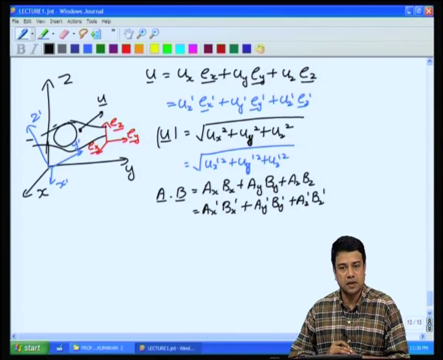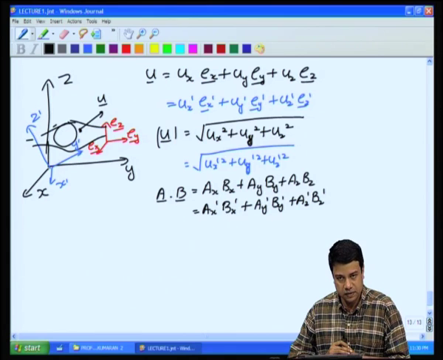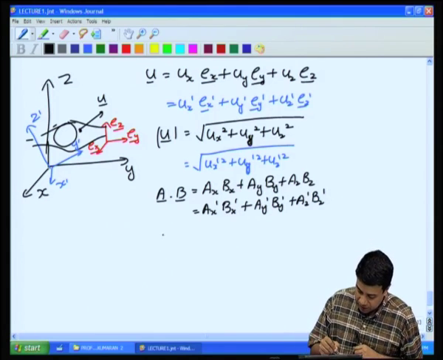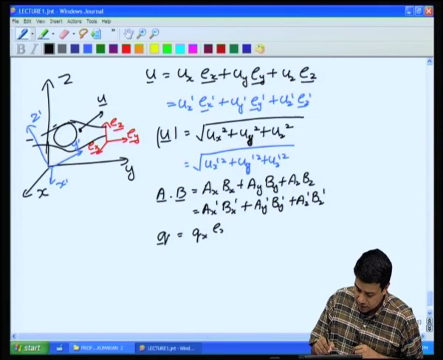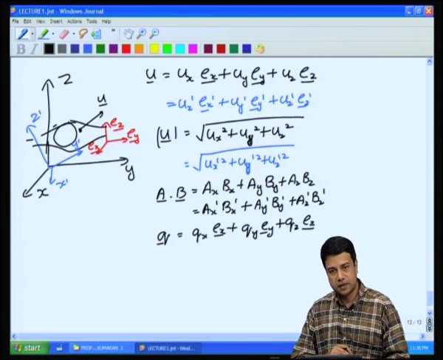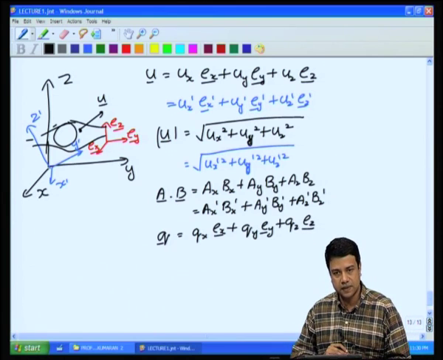For example, the heat flux is a vector, it gives you the direction in which heat is flowing. So, I can write the flux as q_x e_x plus q_y e_y plus q_z e_z. This is a vector, it gives you the direction in which heat is flowing. Similarly, mass flux is a vector.